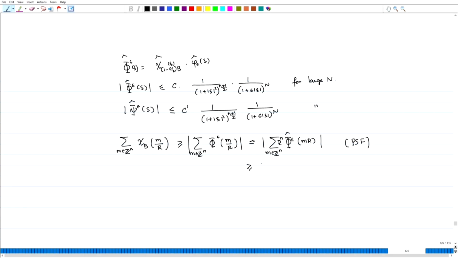So this is r to the power n times the modulus of phi epsilon hat at 0, minus the summation over m in Z^n minus 0 of r to the power n times the modulus of phi epsilon hat at m r.